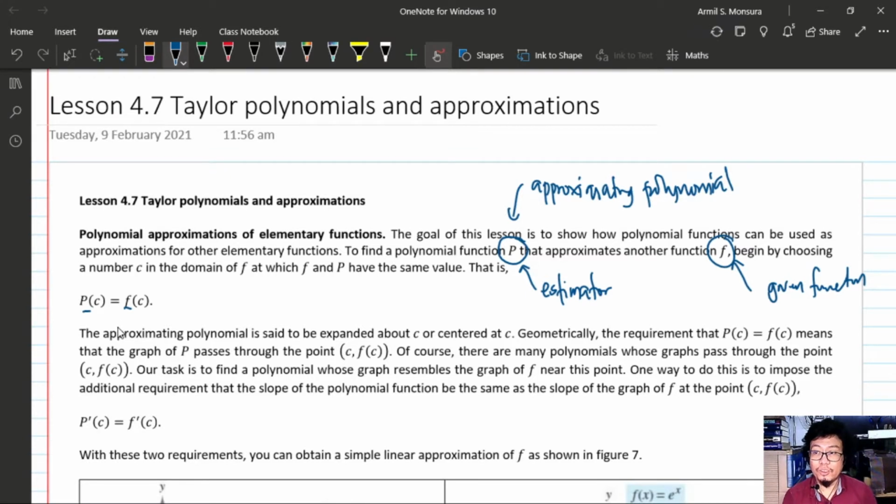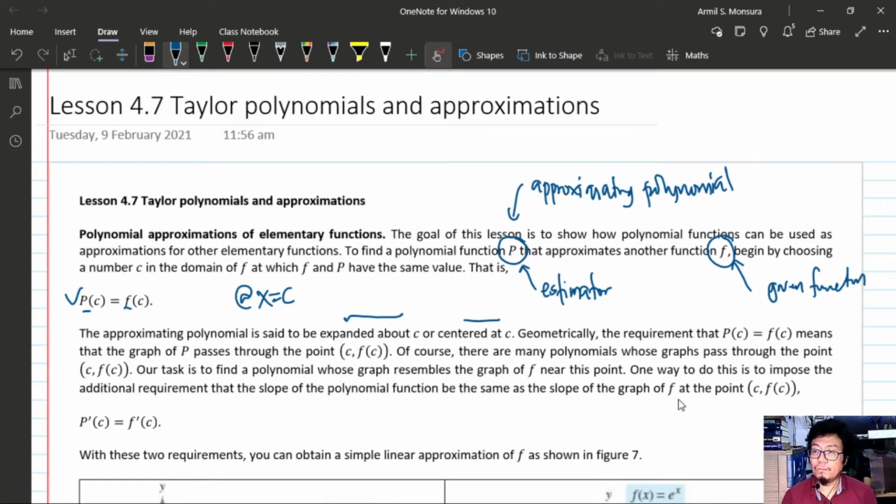That is, at point C, at x equals C, we would like both our approximating polynomial and our given function to have the same value. So hence this equation. In this case, we say that the approximating polynomial is expanded about C or centered at C. Geometrically, the requirement that P of C equals F of C means that the graph of P passes through the point C, F of C.